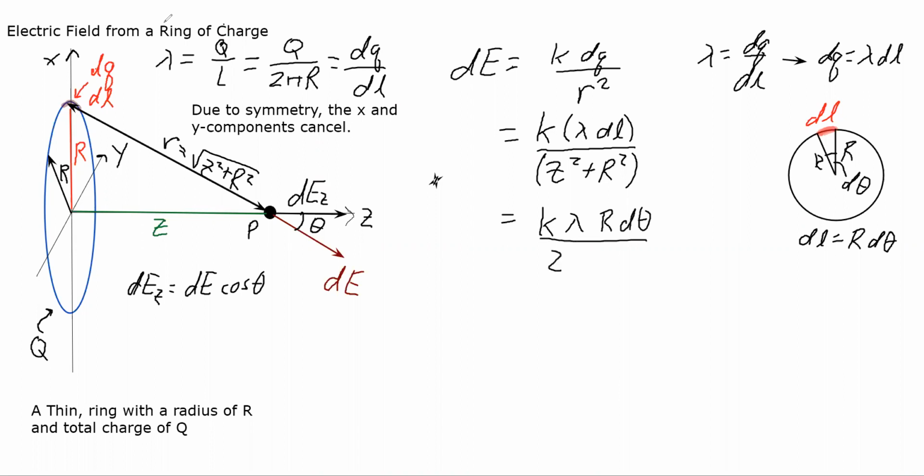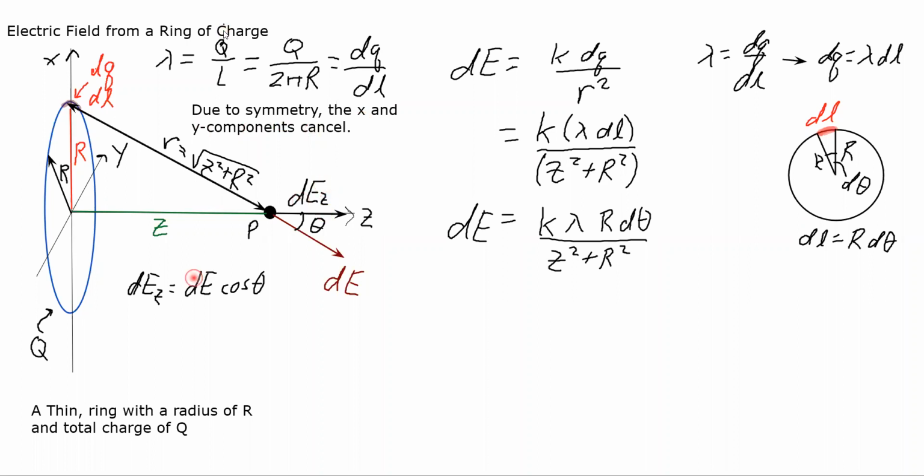And we have Z squared plus R squared. Okay, now remember, this is all dE. It's not dEz, right? So we know that all the components cancel out. The X and Y components cancel out, except for the Z component.